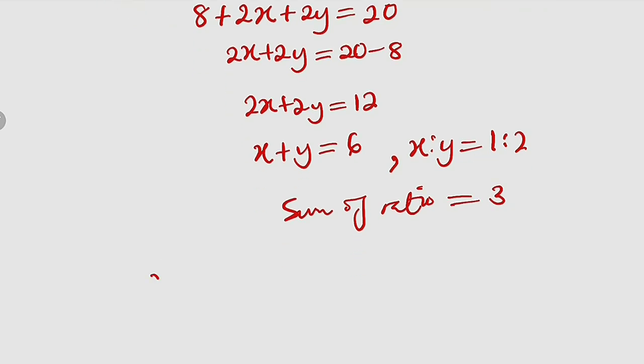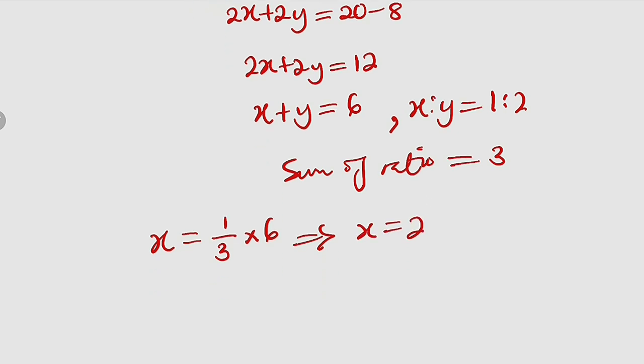So for x, remember that 1 represents x here. It will be 1 out of the total ratio, which is 3, then multiplied by the sum of x and y, which is 6. If you simplify this, 1/3 of 6 is equal to 2. So therefore, x is equal to 2.